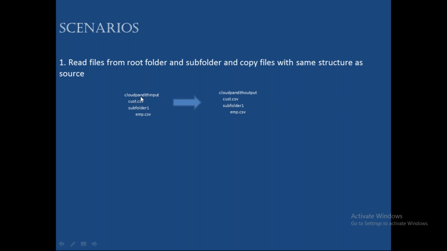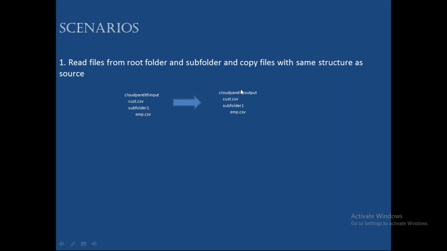All the structure is available in the Cloud Pandit input container: one file, and a subdirectory with a file in it. I am moving the same structure into another container called Cloud Pandit output.